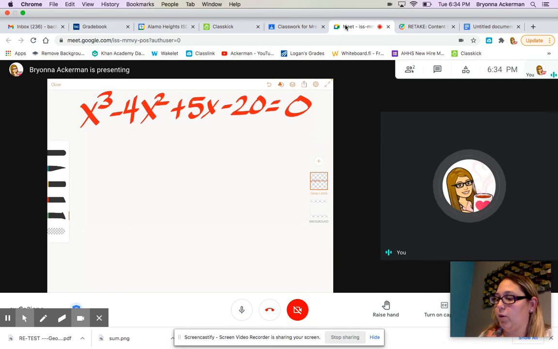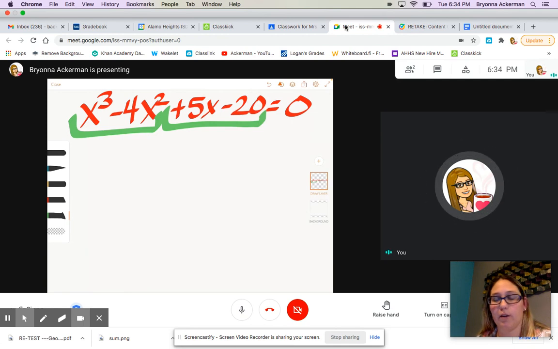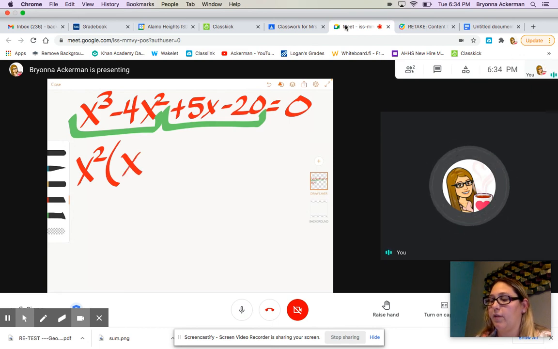So again, grouping, we're going to take the first 2 terms and group those together, and we're going to take the last 2 terms and group those together. So in the first 2 terms, the only thing they have in common is an x squared. If I do x to the third divided by x squared, I have 1x left. If I do negative 4x squared divided by x squared, I have a negative 4 left.